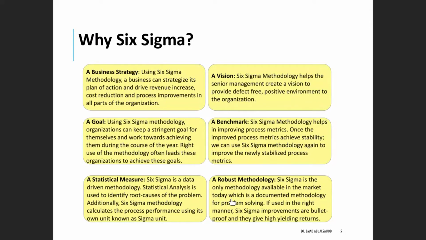When you put these criteria against any other methods, ask yourself whether all of these apply or not. That's why Six Sigma is commonly used, and we have seen it adopted in several different industries and many companies.